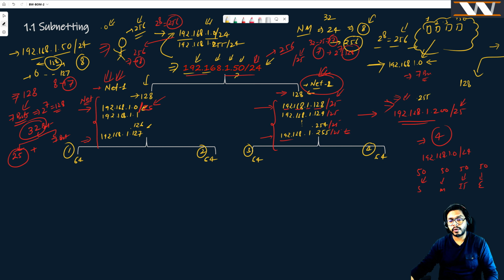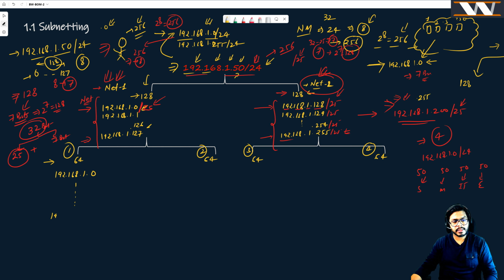But the question now is, can you calculate every network number and broadcast address? Absolutely you can. If I say that this is the first network you are going to create of 64 hosts, what is the first IP address? The first IP address is going to be 192.168.1.0. It is as simple as that. What is the last IP address?